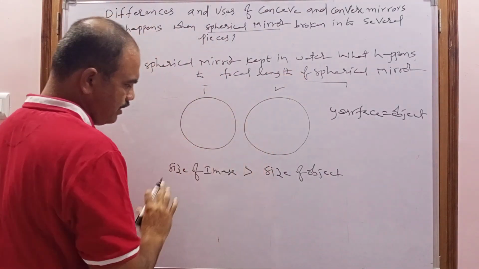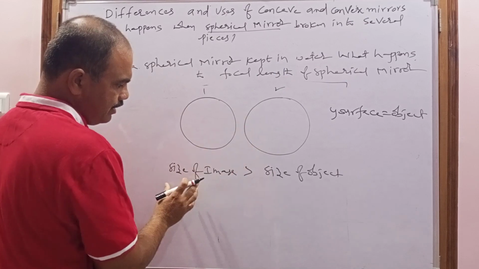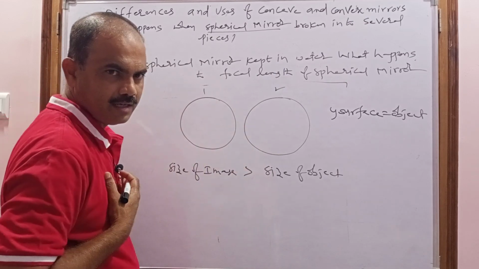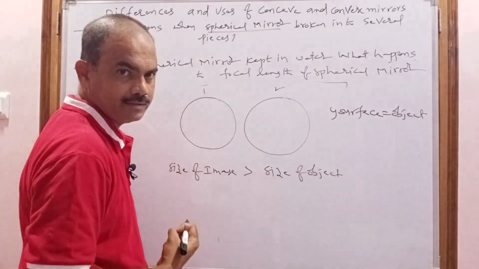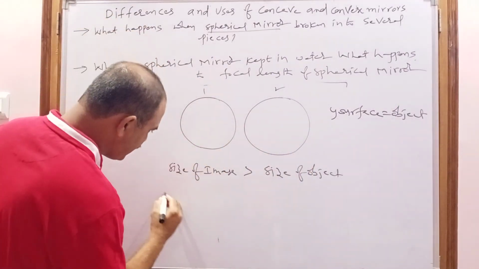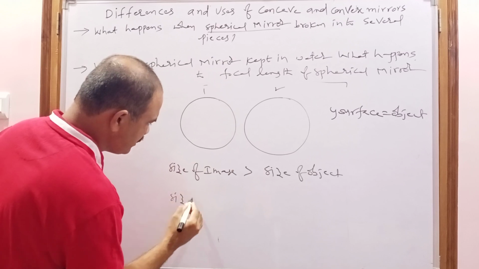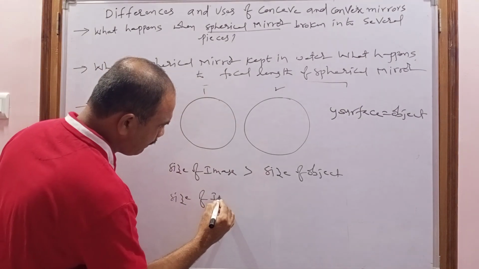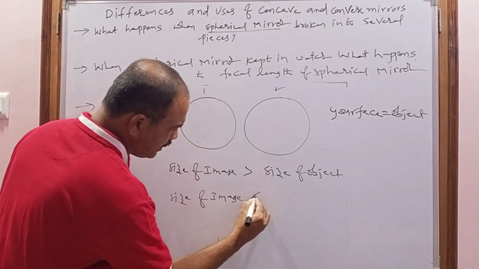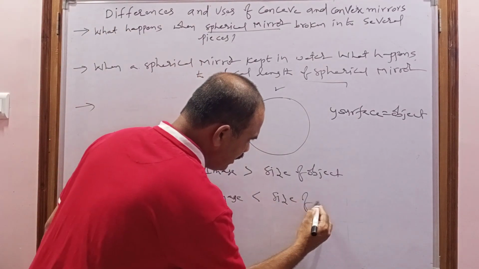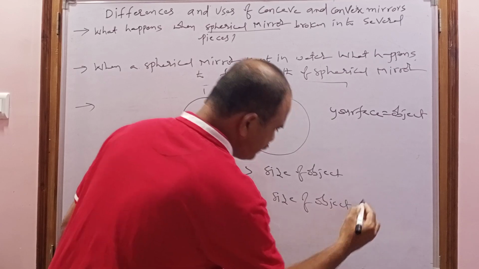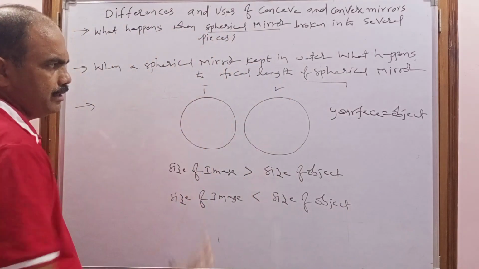In any one of the mirrors, the size of the image, that is your face, will be greater than your actual face. And in the second one, the size of the image is less than the size of the object. So these two things can happen in the mirrors.